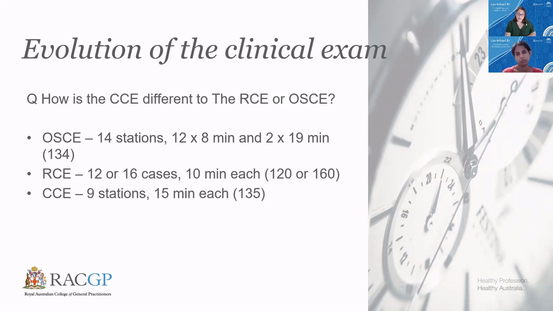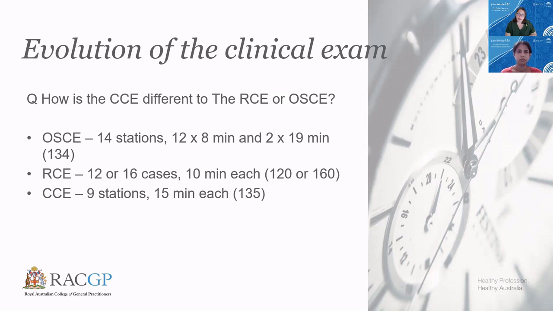You can see from this slide that the time spent examining in the exams is about equivalent for each of the exams. What has changed is the duration of each station, with the OSCE having 12 8-minute stations and 2 long stations of 19 minutes each.